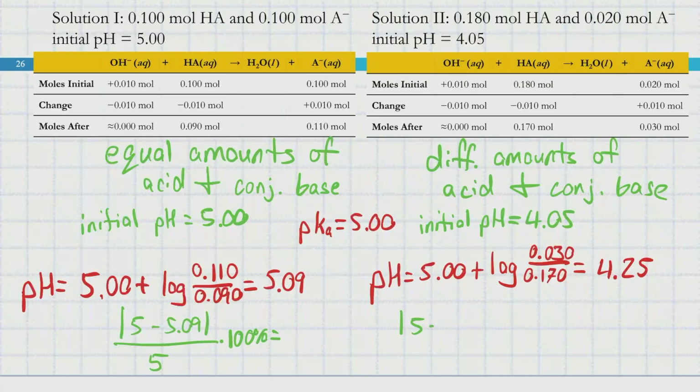And the absolute value of 5 minus, sorry, 4.05 minus 4.25 over 4.05 times 100%. The mathematically inclined among you may be able to see that it's going to be a bigger percent change for the one on the right.